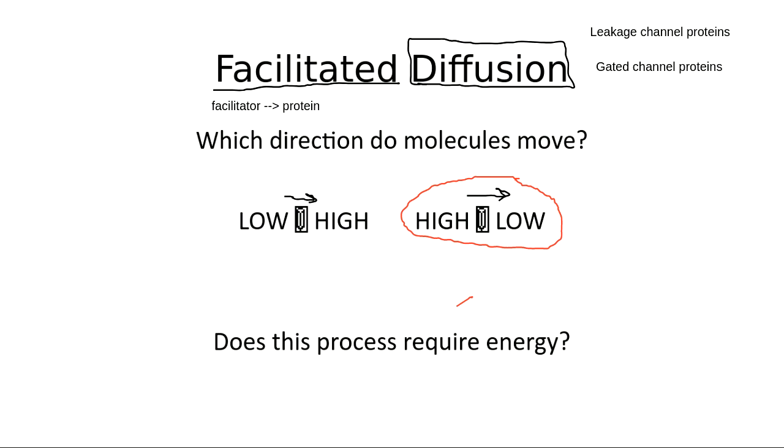If we're going from high concentration to low concentration, does that take energy? Yeah, no energy required. Remember the example way back in like lesson number 2 that we talked about with diffusion, if we walked into a room, we can pretend we're at the grocery store, right?